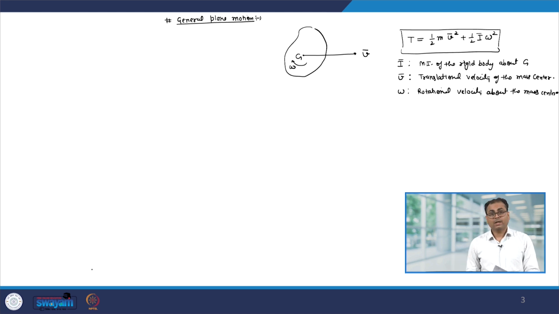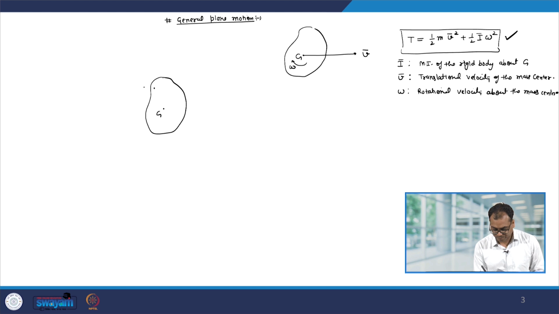Now, let me show you that the kinetic energy of the rigid body will indeed be half m v bar square plus half I bar omega square. For that, let us consider an ith particle on the rigid body. Let us say its mass is mi, and as I said, this rigid body is moving with a translational velocity of v bar.